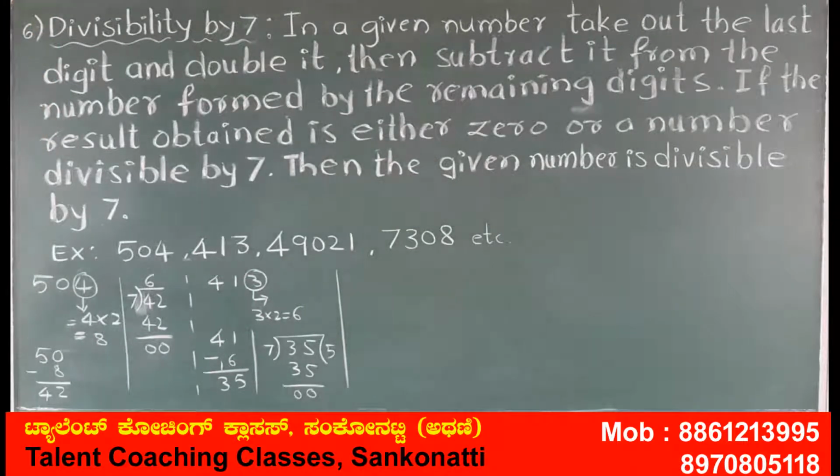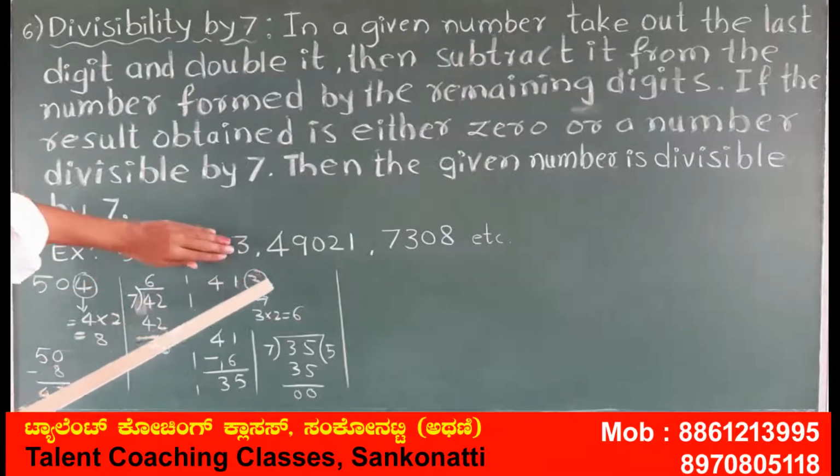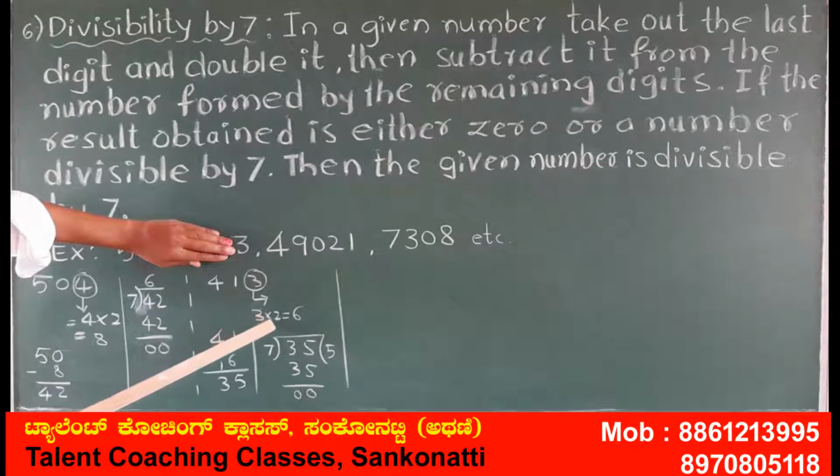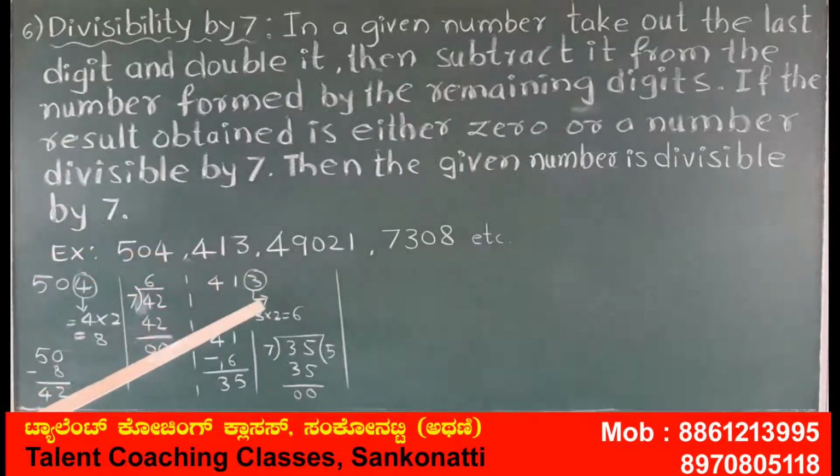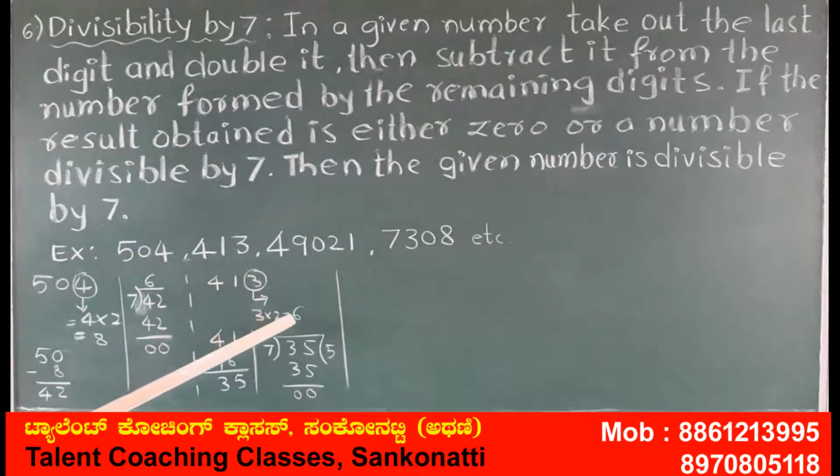See here, in 413 we have taken out 3 and doubled it. Double means we have to multiply it by 2. So 3 into 2 is 6.